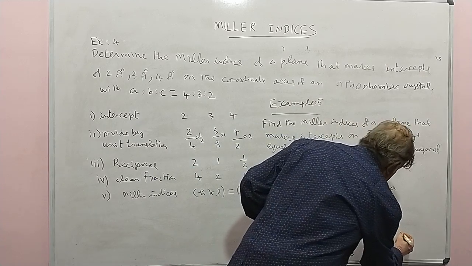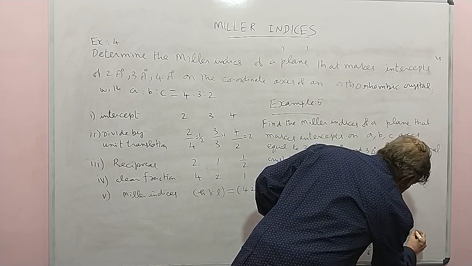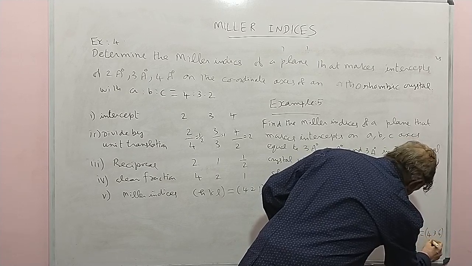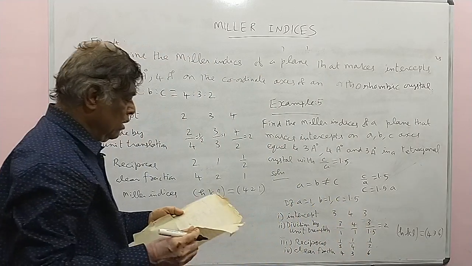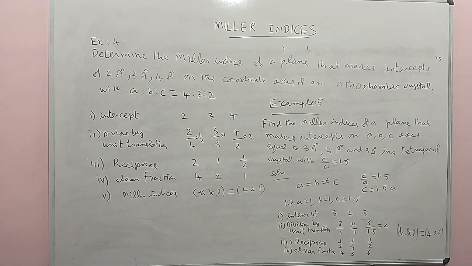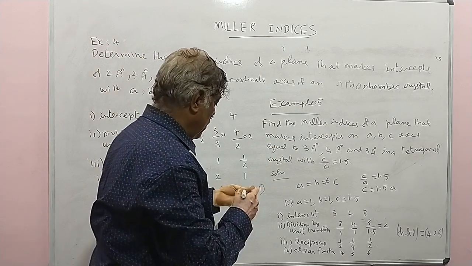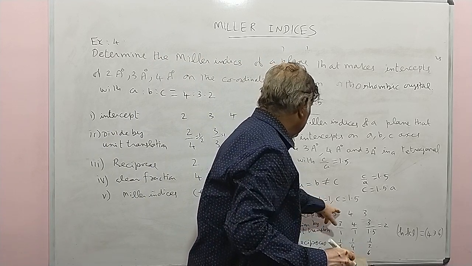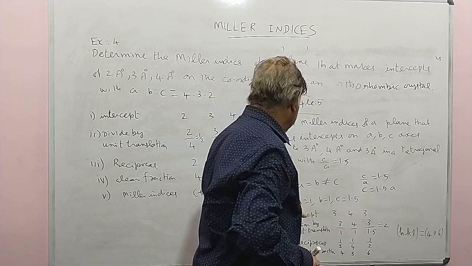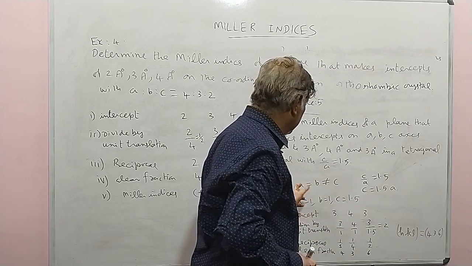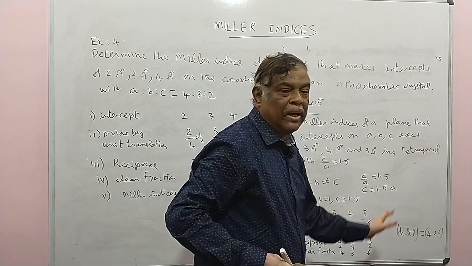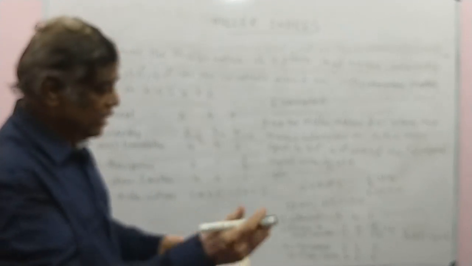So the Miller indices HKL is equal to 4, 3, 6. So this is the way you have to find the Miller indices if it is given like this. Here you need not write down angstrom because all are in the form of ratio. A can be removed. Here you put A is equal to 1. Even if you don't put A is equal to 1, this is A, this is A and this is 1.5 A. Again A can be removed because they are in the ratios.